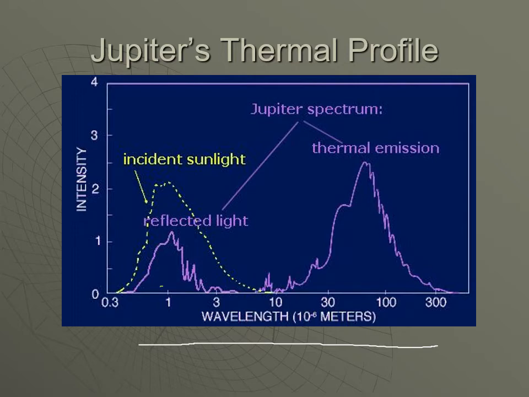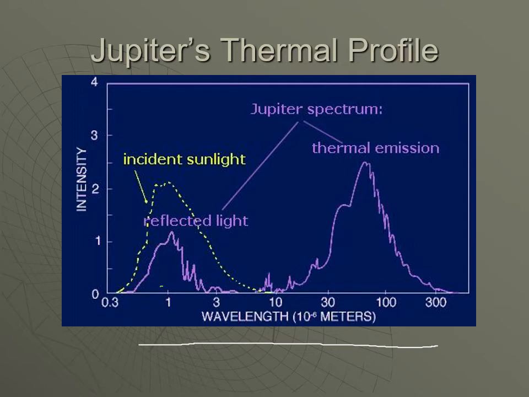That means that you're giving off the same amount of energy that you're getting from the sun. If you're giving off more energy than you're getting from the sun, you're cooling off. If you're giving off less, you're warming up. Giving off the same energy you get from the sun, you're maintaining constant temperature.